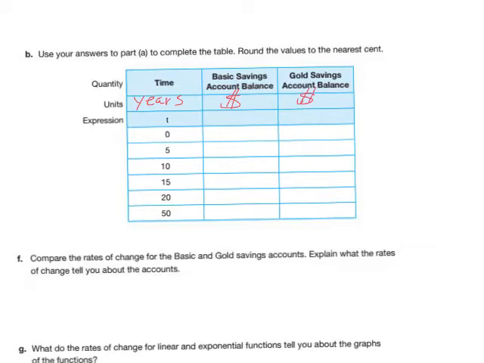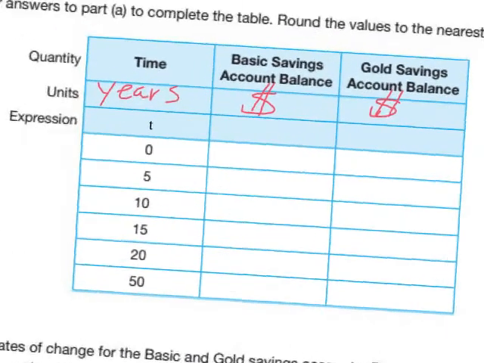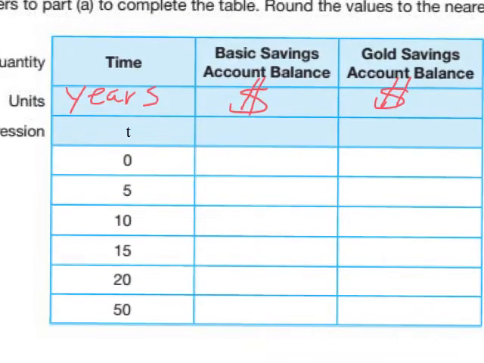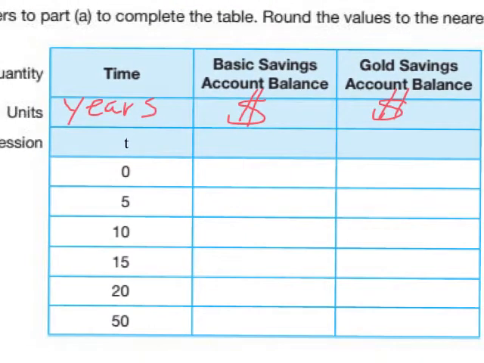The expression for the savings at the basic place is the function we came up with: 2,500 times 0.06 times time, plus the original 2,500. So we have the original plus the interest times how many years.